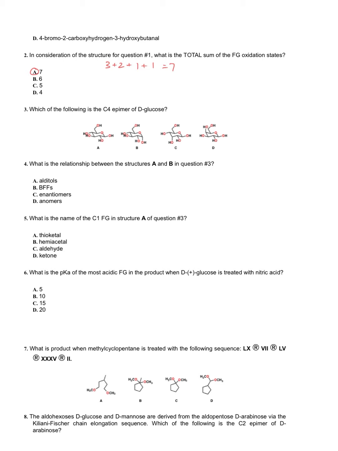Question 3, which of the following is the C4 epimer of glucose? So we know that glucose has all equatorial substituents. So we know that C1 is the anomeric carbon. So we count from there 1, 2, 3, 4.